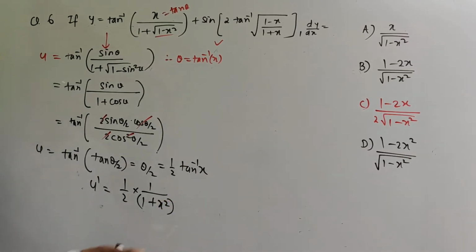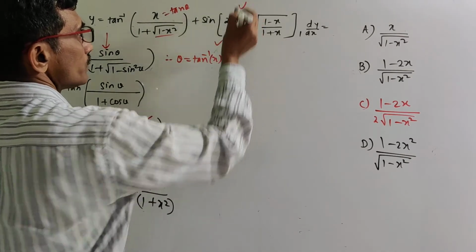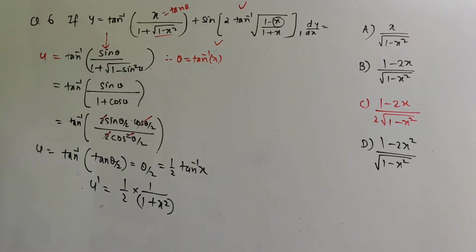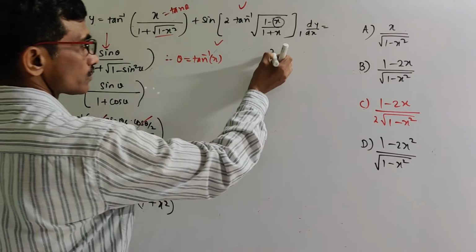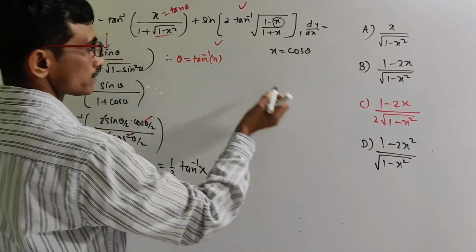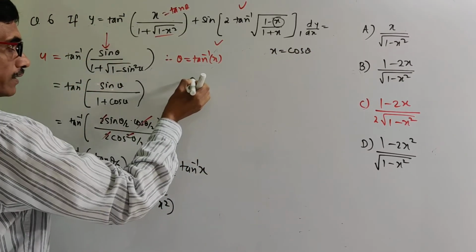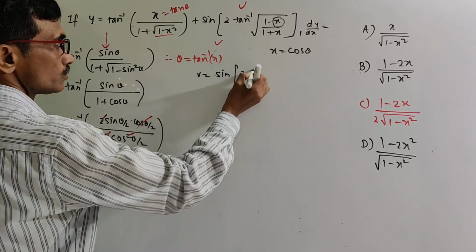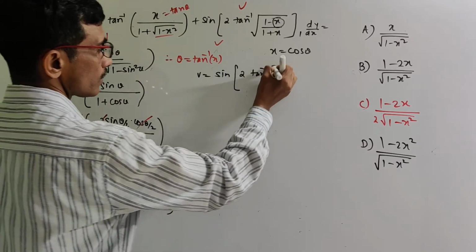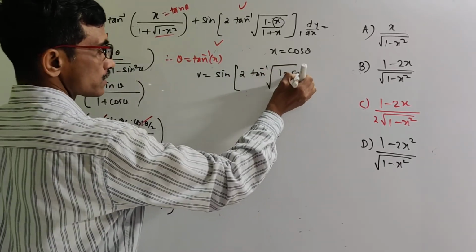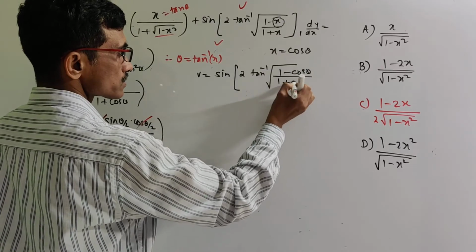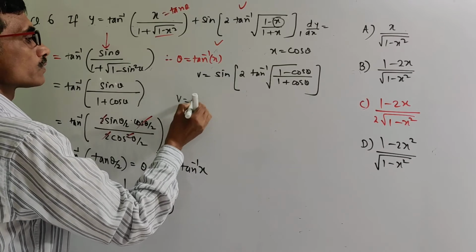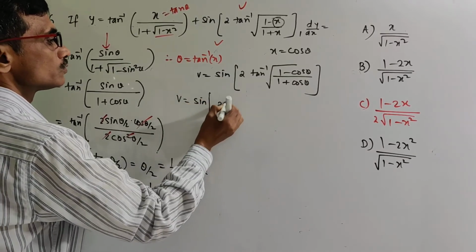Further, this is v, and we substitute x is equal to cos theta. Now if we put x is equal to cos theta, then v is equal to sine of 2 tan inverse of root of 1 minus cos theta upon 1 plus cos theta.